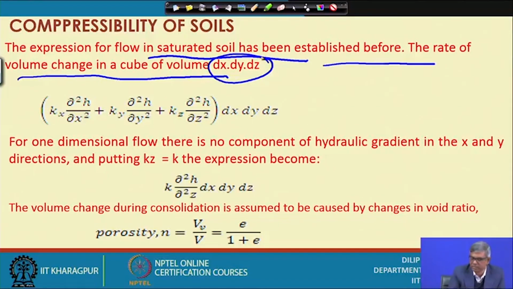We derived this expression before: kx del 2h del x square plus ky del 2h del y square plus kz del 2h del z square, times dx dy dz.